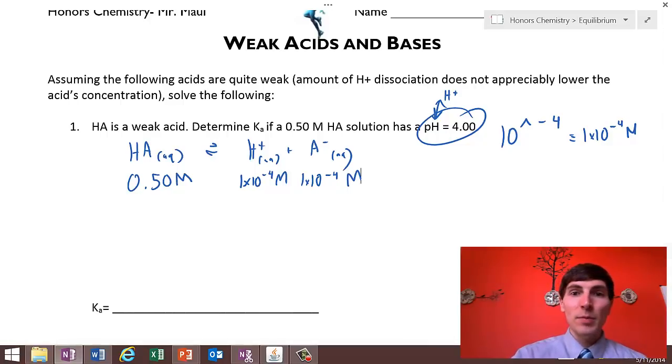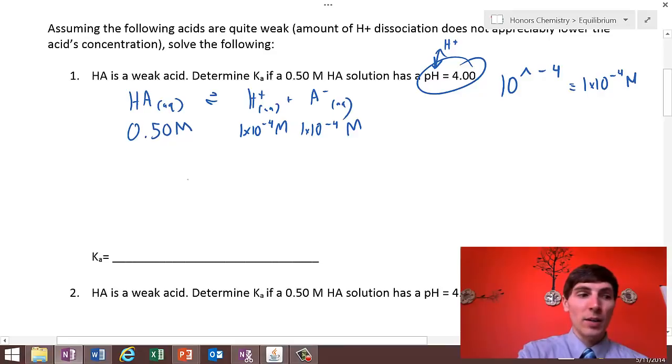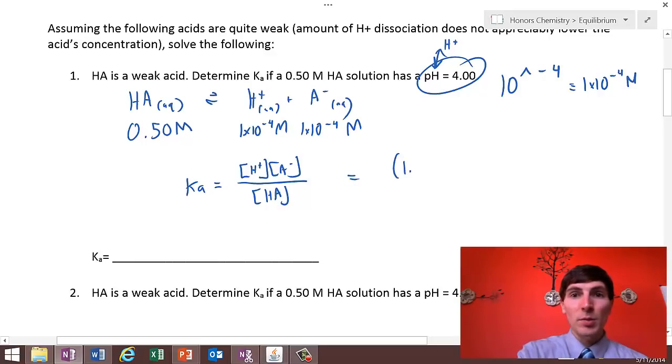And so the last step to find Ka, we're going to make our Ka expression, which is equal to H plus times A minus, all divided by the concentration of HA. And so now it's just a matter of plugging these values in. My H plus was 1 times 10 to the... Now let's talk sig figs.